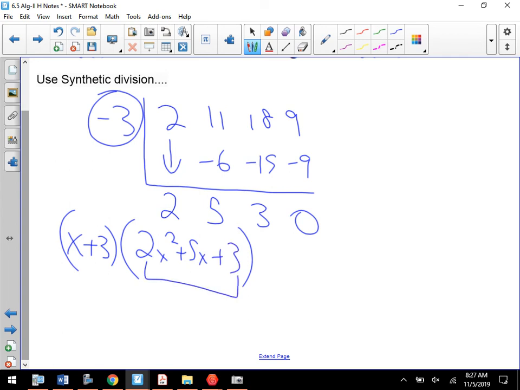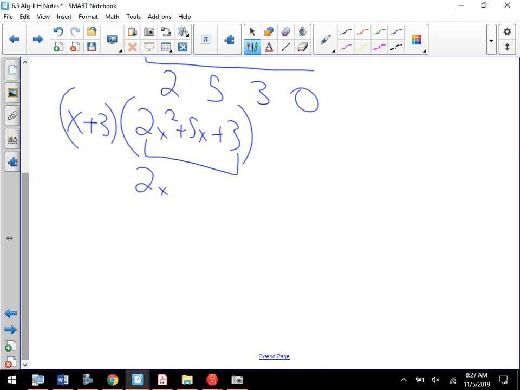What times what is 6, and you add together to get 5? 2 and 3. Now you can factor it the rest of the way. It said factor the polynomial given a 0, which means you can factor it all the way out, which means you're going to get 3 terms because this is a third degree polynomial. Right? It should have 3 zeros.